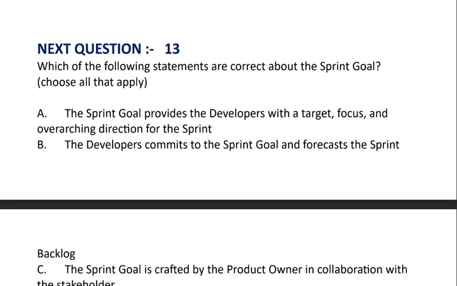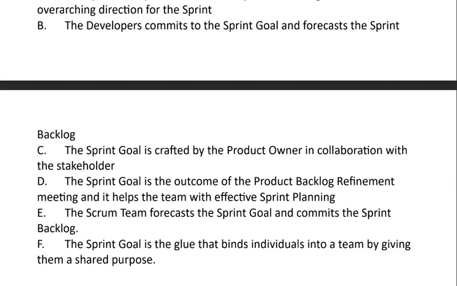Question is which of the following statements are correct about the sprint goal? Choose all that apply. Option A. The sprint goal provides the developers with a target, focus, and overarching direction for the sprint. Option B. The developers commit to the sprint goal and forecast the sprint backlog. Option C. The sprint goal is crafted by the product owner in collaboration with the stakeholders.